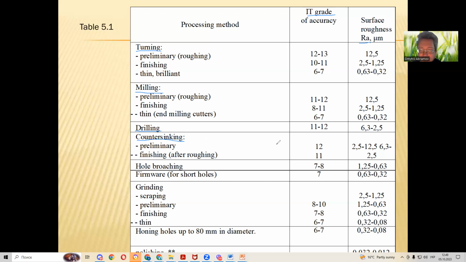Preliminary countersinking, IT grade will be 12, and for finishing after roughing countersinking, IT grade will be 11. And roughness for preliminary from 12.5 to 2.5, and for finishing from 6.3 to 2.5.